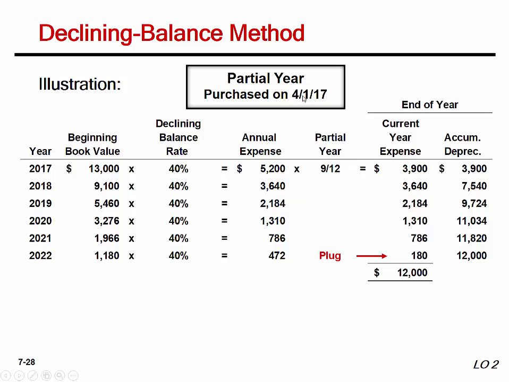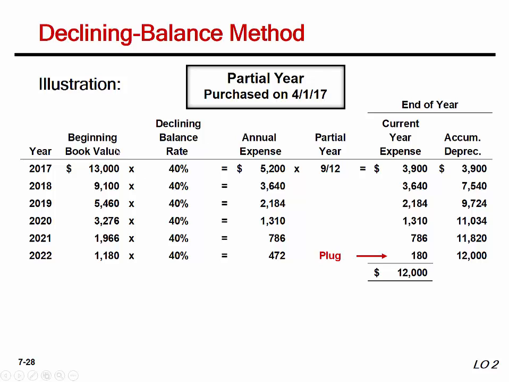If you purchased it on April the 1st, you used it for 9 months out of 12. Think of it this way. You didn't use it for January, February, or March at all, so that's 3 months being subtracted from 12. So 9/12 or 0.75 of a year.